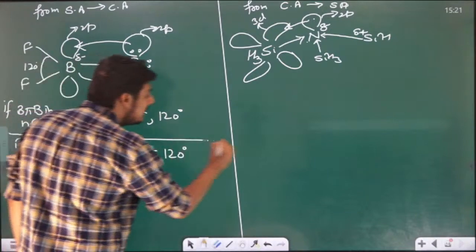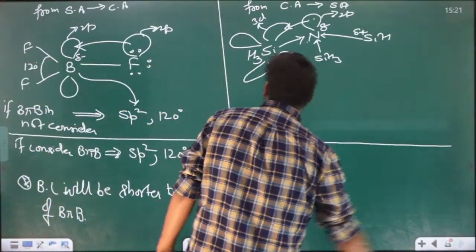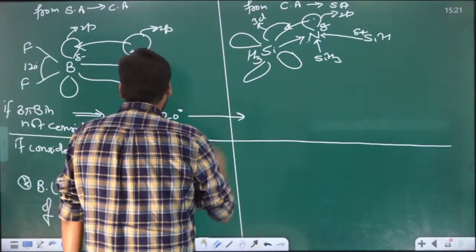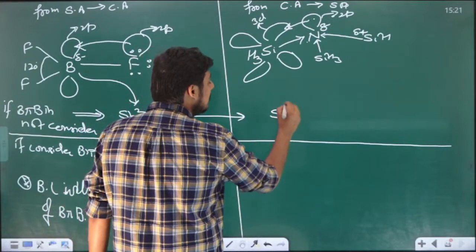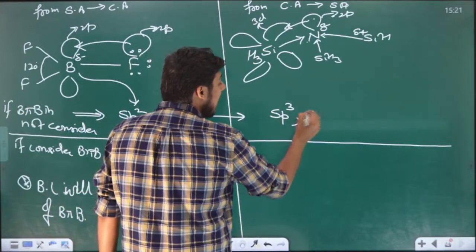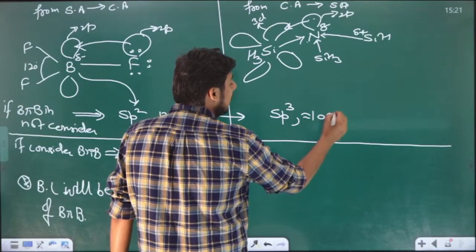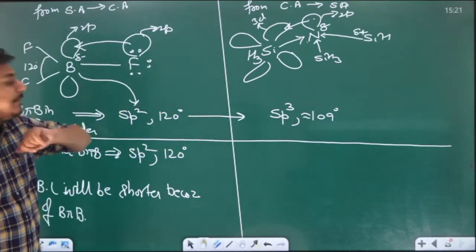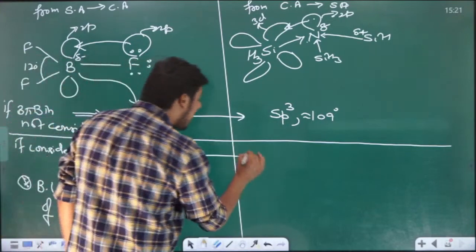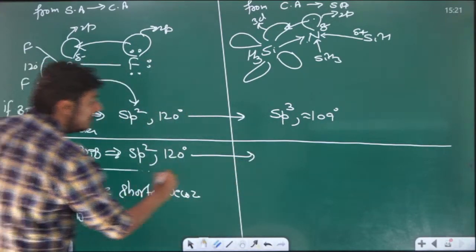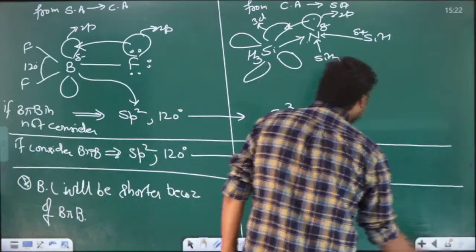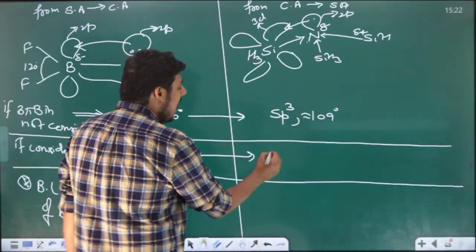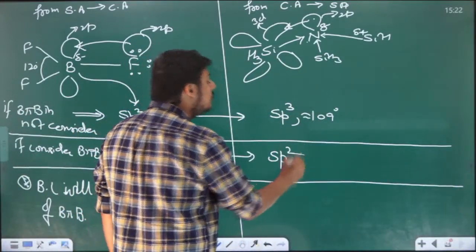If we do not consider back pi bond in this particular case, what we are going to say is that initially the hybridization was supposed to be sp3 and the angle was supposed to be near about 109 degrees, because the angle cannot be more than 109 degrees in case of sp3. But if we consider back pi bonding, which is from the center atom to the surrounding atom, in that case hybridization will have to change.